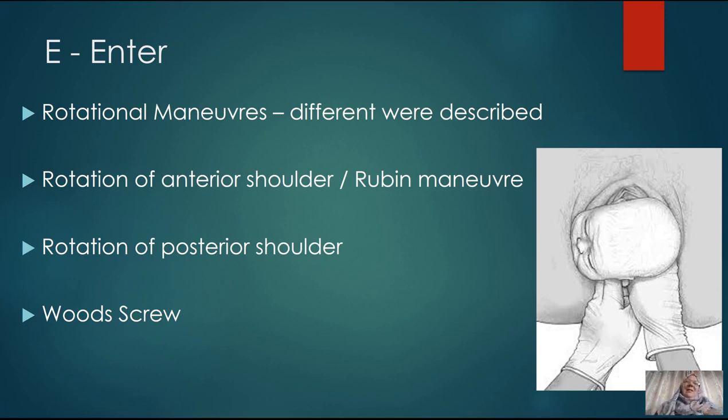You can also do the same with the posterior shoulder, and if you try to apply pressure at the anterior shoulder from the back and to the posterior shoulder from the front, then you do a wood screw maneuver.